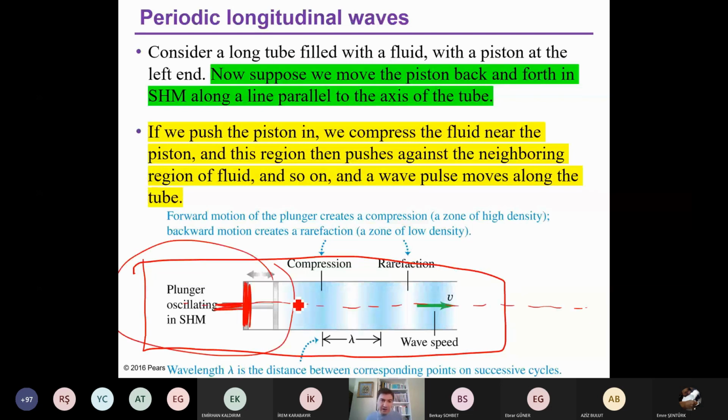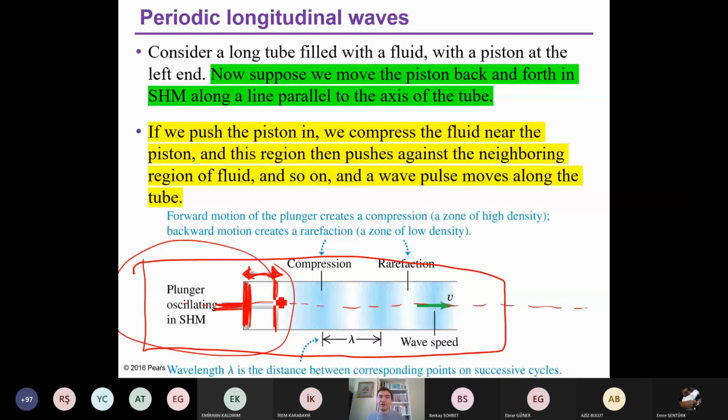I move this piston to the right, and then I move it back to its initial position. So the piston moves back and forth with a certain simple harmonic motion.